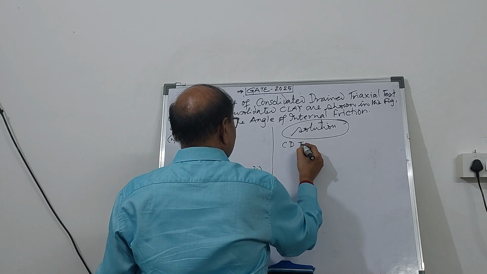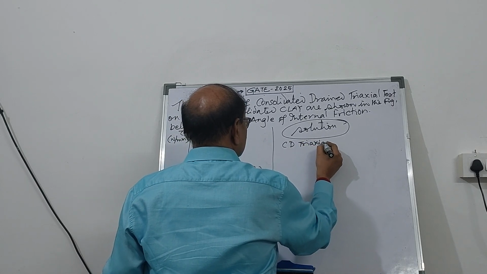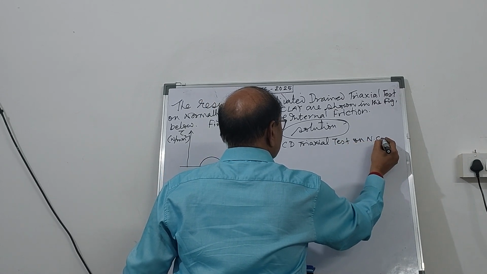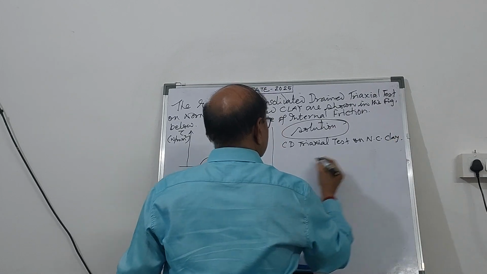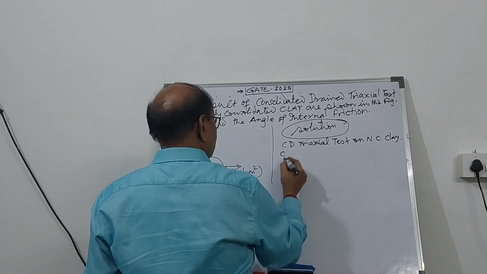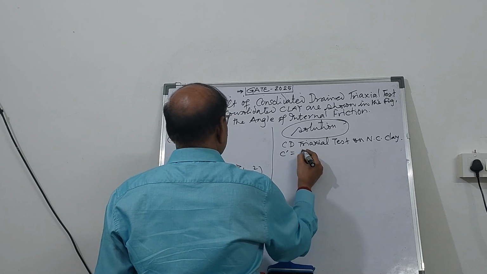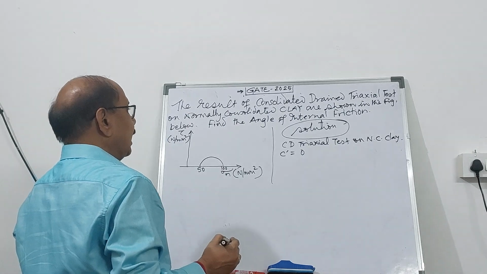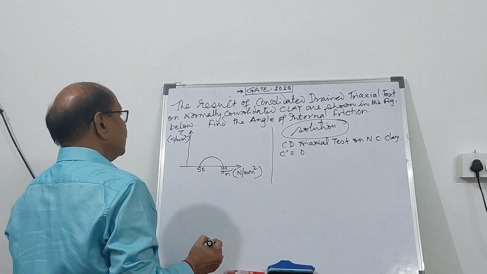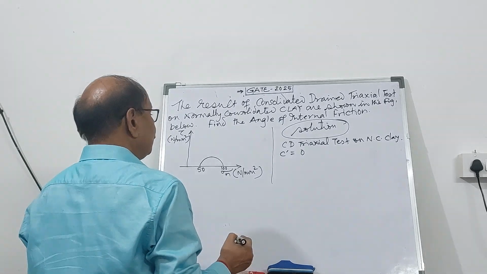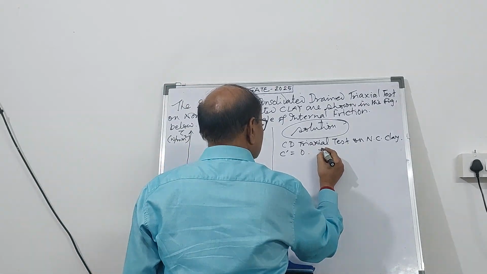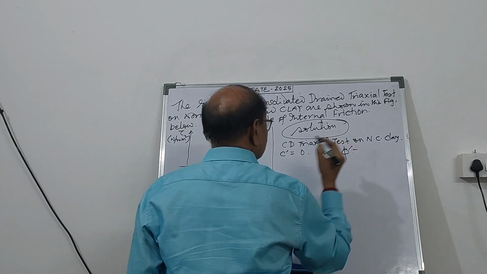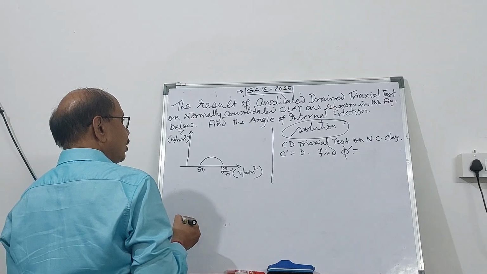So in a CD triaxial test on normally consolidated clay, the C prime is going to be 0. And you have to find out phi prime, the angle of internal friction.